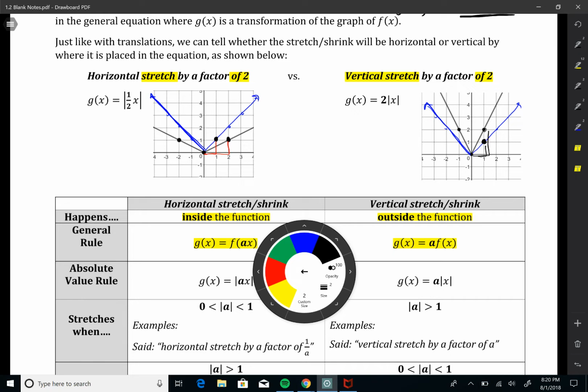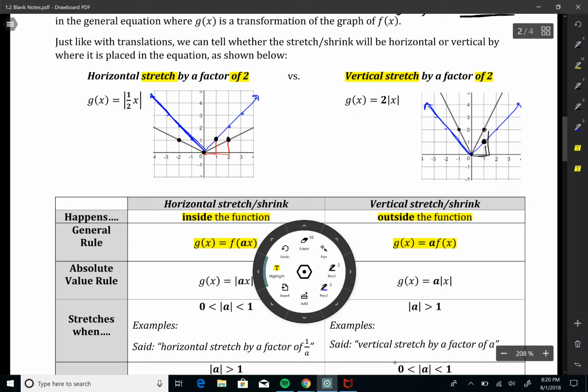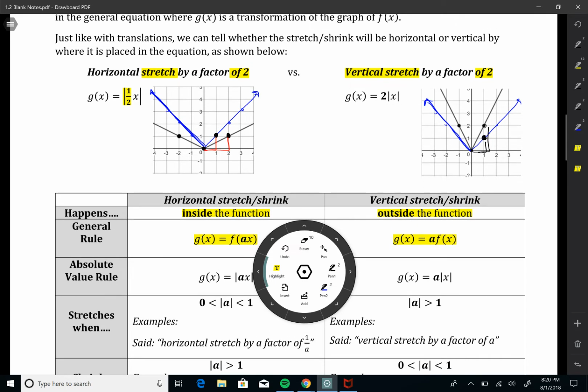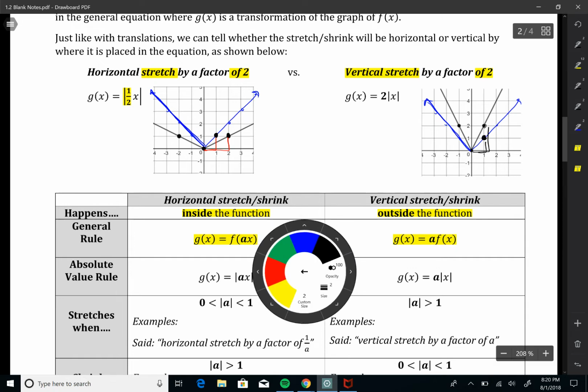Now, if you look at the equations, you might notice something that's a little confusing with your horizontal stretch. It's this 1/2 right there. The thing about horizontal stretches and shrinks is that the a value is actually the reciprocal of what's happening. So that's another little curveball you have to think of.